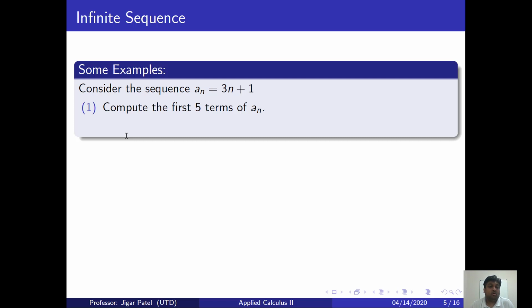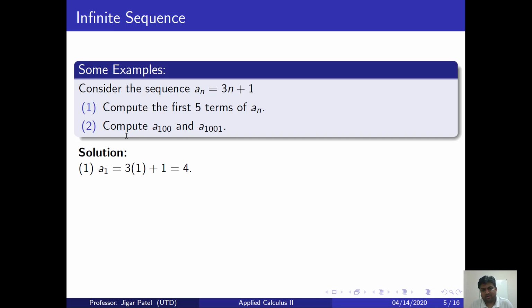What I want you to do is compute the first 5 terms of an. This is a simple deal. There is no trick. Plug n equal to 1, 2, 3, 4 and 5 and calculate the first 5 terms of an. And then I want you to compute the 100th term and 1001th term of this sequence.